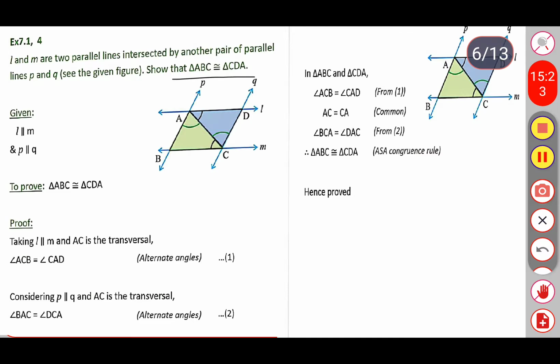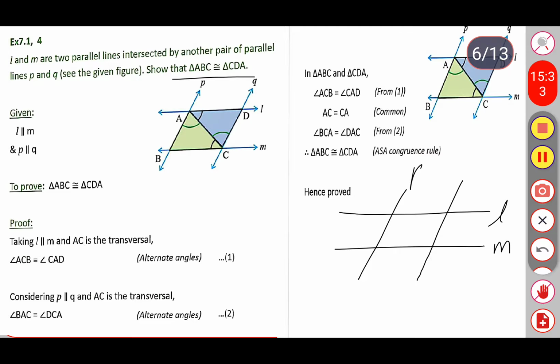Here, two pairs of parallel lines intersect each other. The first pair of parallel lines are L and M, and the second pair of parallel lines are P and Q. Once they intersect, we can easily get the two triangles. Here A, and this one is the intersection point B, C and D, right?